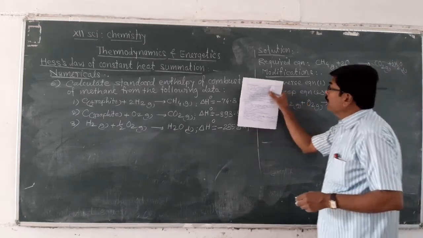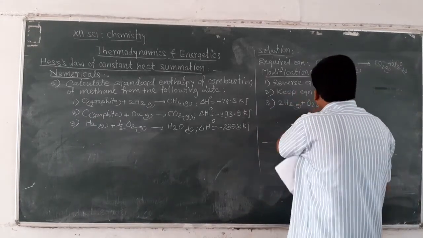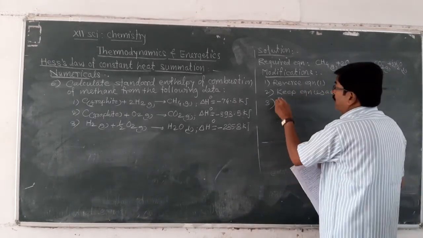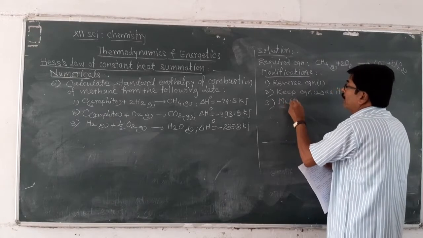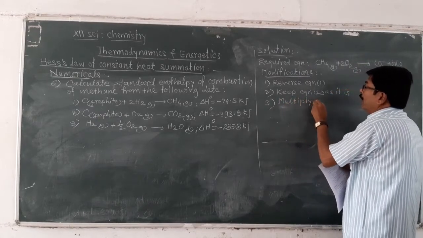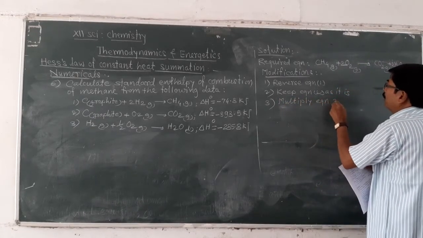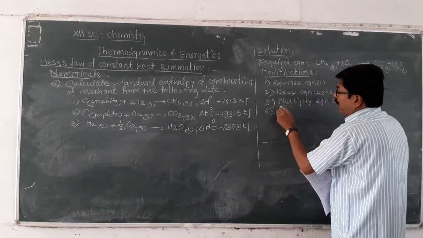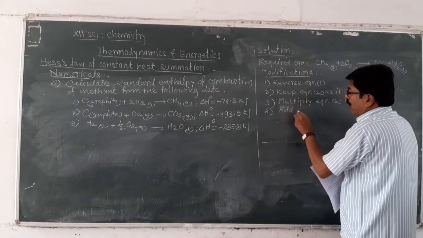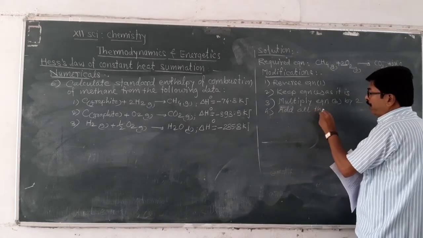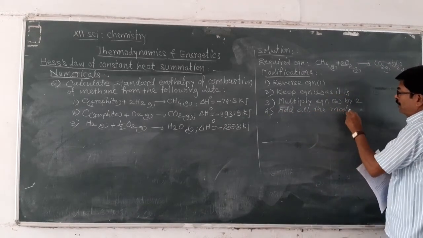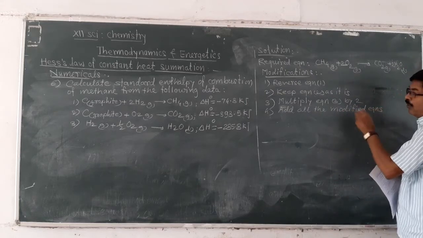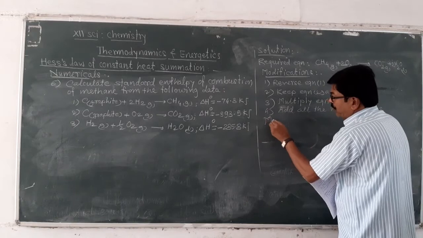Now all these modifications are done. That means here you write: reverse equation 1, keep equation 2 as it is, multiply equation 3 by 2, and add all the modified equations. Now modified equations.